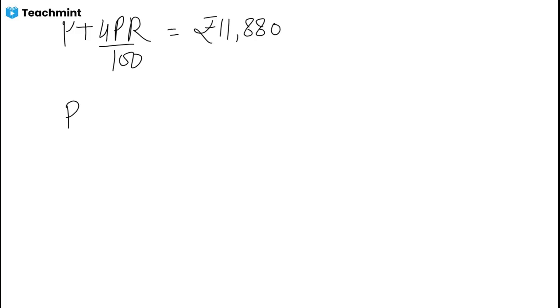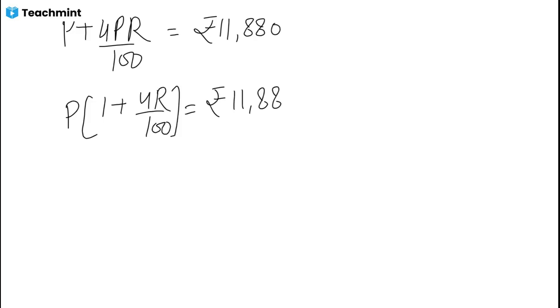And we can take P as common. Inside we have 1 plus 4R over 100 is equal to 11,880.